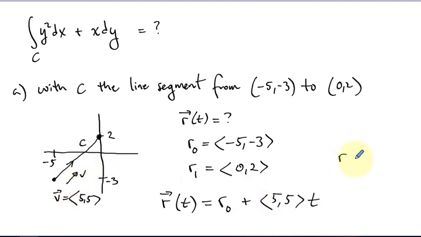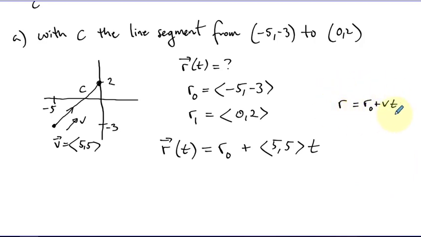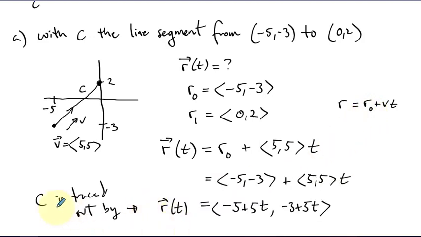I'm really just using r equals r0 plus vt. That's the line in parametric form. It really is just like a line in two dimensions. You've got sort of an intercept here and a slope there. Intercept in the sort of t dimension. When you plug in 0, you get the initial position on the line. So C is traced out by this position vector.